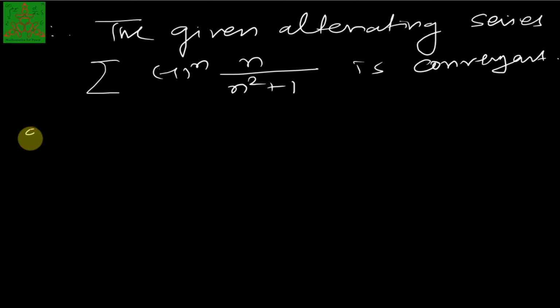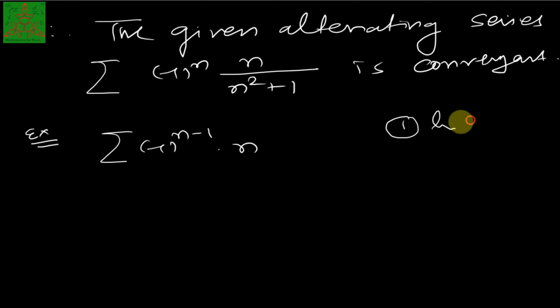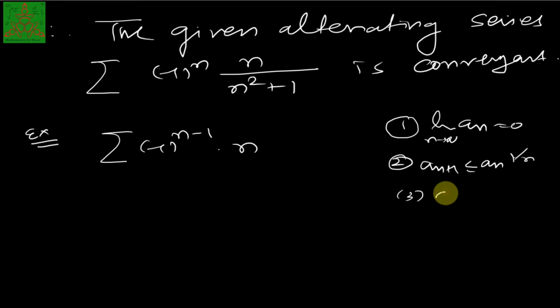For example, if I want to check that (minus 1) raised to n minus 1 into n is not convergent, then it should not satisfy any one of the three conditions. The first condition is that the limit of a_n is 0 as n tends to infinity. The second condition is a_(n plus 1) is less than or equal to a_n for every n, that means it is decreasing. And the third condition is that each a_n should be positive.